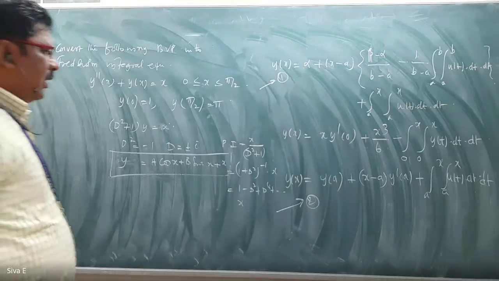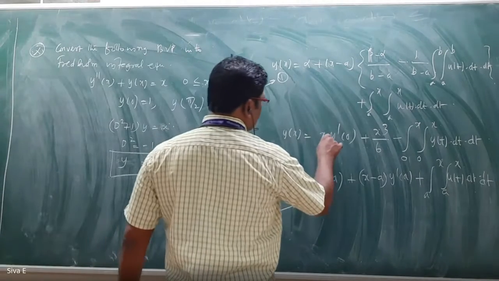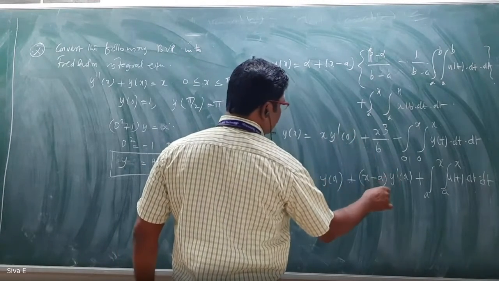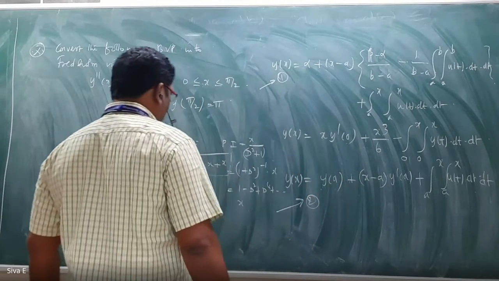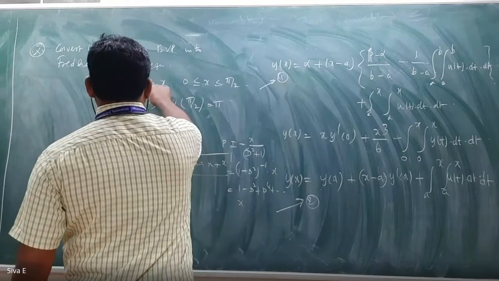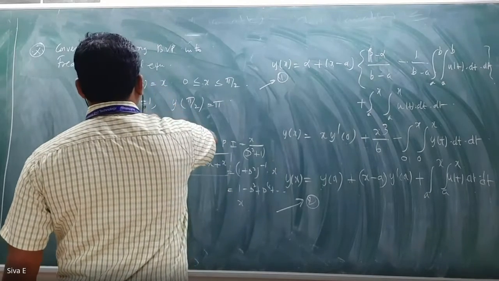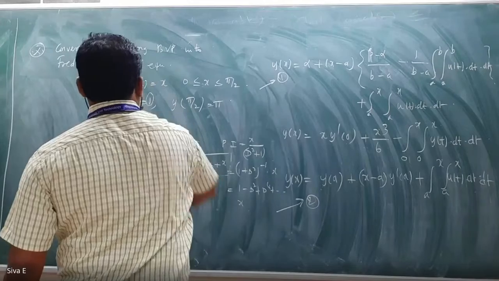Using this formula, x y dash of 0, then what is y of a here? y of a is one.